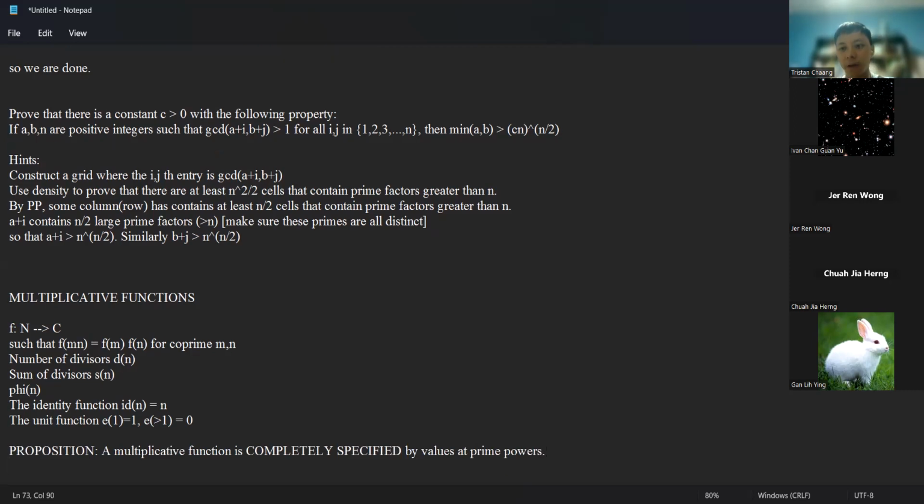So assign numbers to prime powers, then you have successfully constructed a multiplicative function, because that will determine the image of every single element in the set of positive integers. So that's obvious.